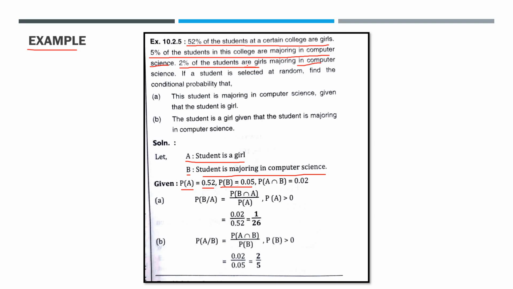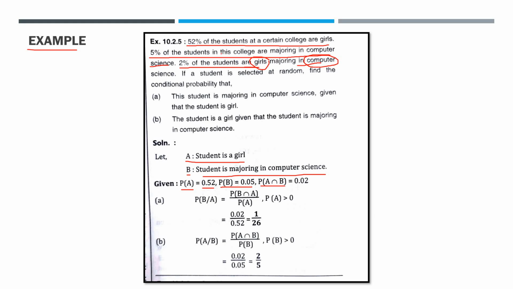This is the joint probability, P of A and B, which is 0.02. So this is the marginal probability 52% for the total girl students.